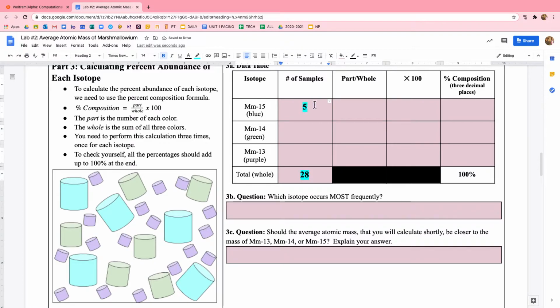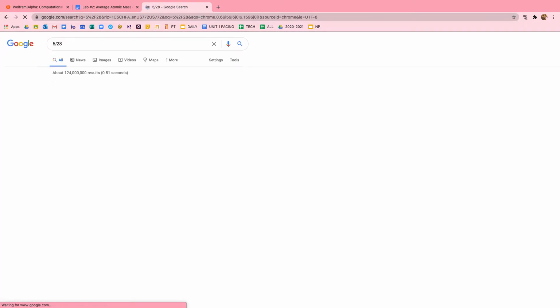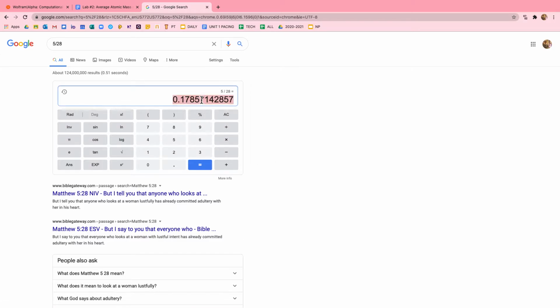Okay. Part over whole. So I'm going to take the part that I'm talking about here, which is 5. That's how many blue ones I have. And I'm going to divide it by the total number of marshmallows in the picture, which is 28. Alright, so let's see what 5 divided by 28 is. And that gives us this number.